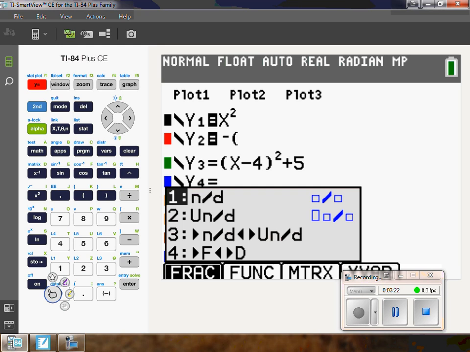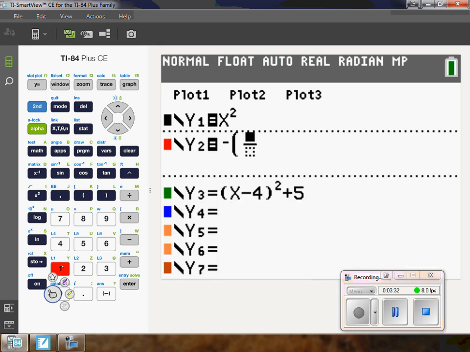If those menus are not popping up for you, you need to see me in class, and we'll try to get you the operating system that allows you to create fractions. There we go. We're going to put 1/3 in there. 1, down, 3. Arrow to the right to get out of the fraction. Then we're going to type in our x. Then we're going to close our parentheses and square it.